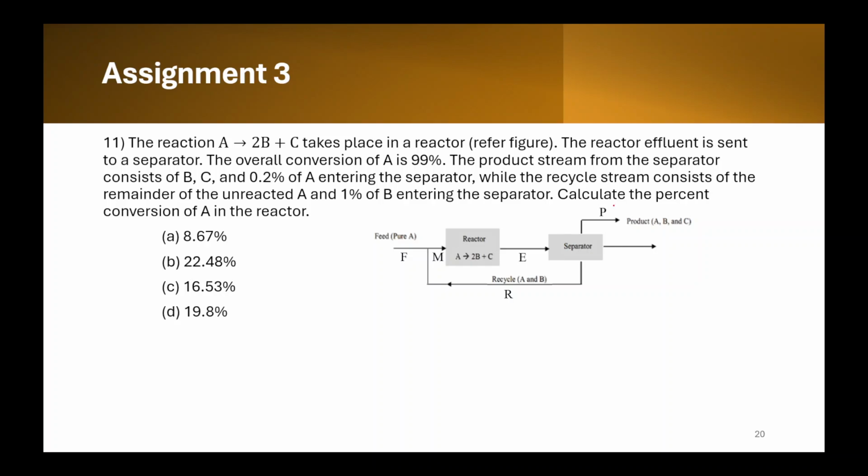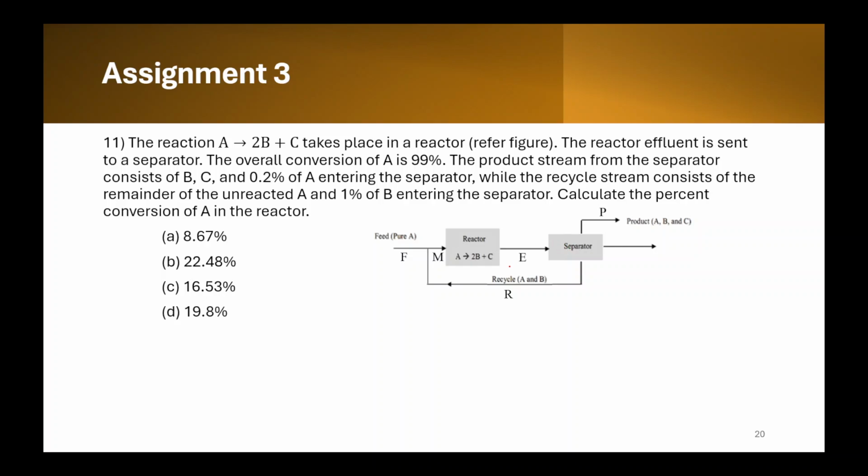All right. While the recycle stream consists of the remainder of unreacted A. So if this is 0.2%, this will have 99.8%, right? This recycle stream R will have 99.8% of A, whatever A is entering in E.